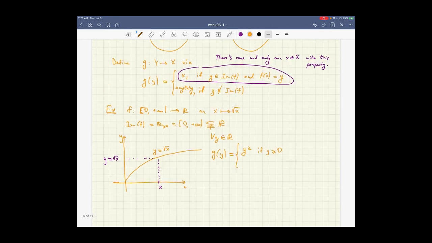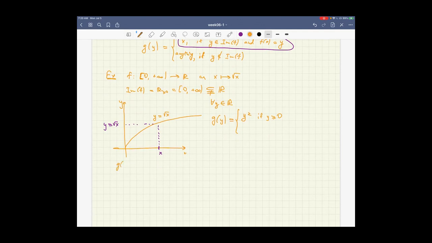Why is that? Well, after all, I want g at f at x to be x. In my situation, g at f at x will be g at root x, because f at x is root x, and g at root x, because root x is always non-negative, will be root x squared.